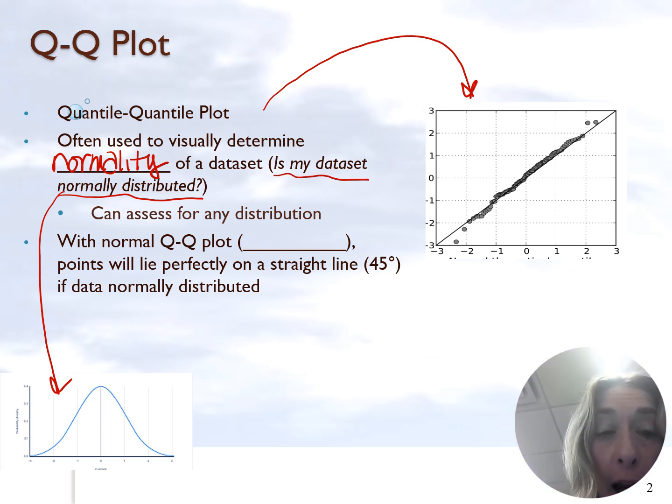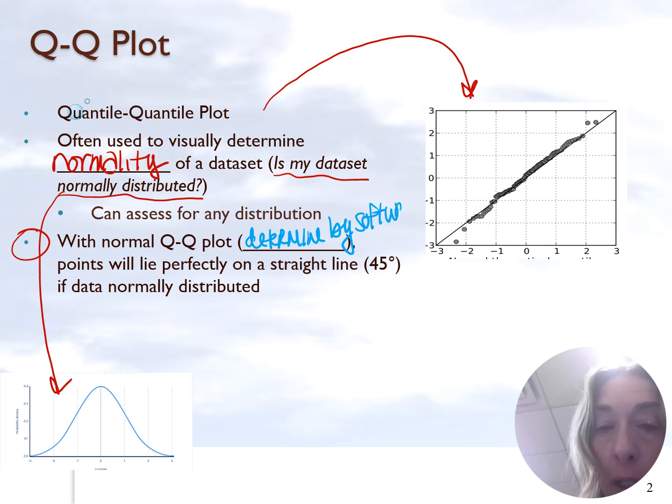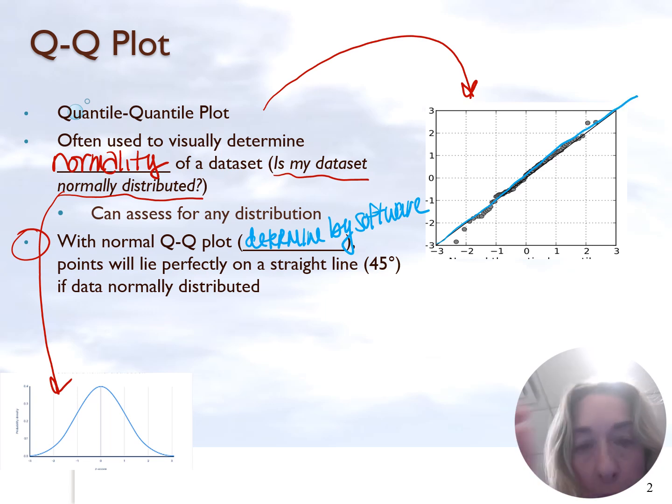With a normal QQ plot, which we will allow software such as Minitab to draw for us, the points are going to lie perfectly on a straight line, similar to the points that you see in this graph, at a 45-degree angle from the origin if your data set is normally distributed.